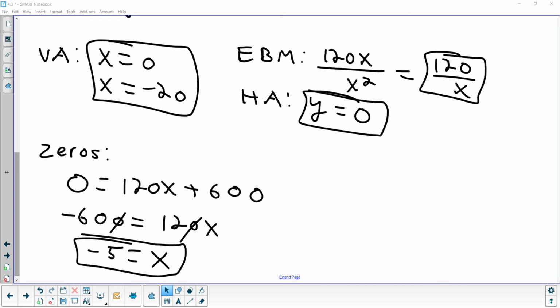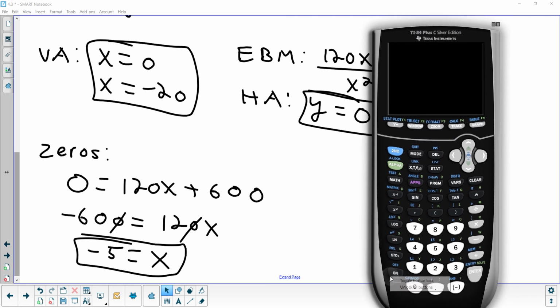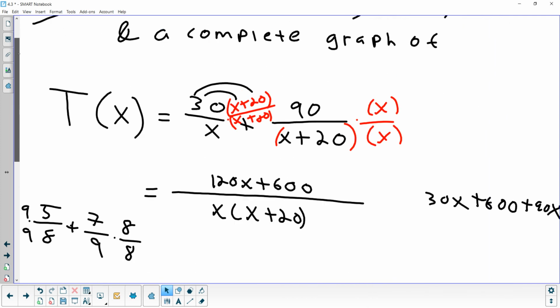So let's start out with a complete graph showing the whole thing, and then let's do a complete graph of just the values that make sense. Let's go all the way down to like -30. Let's type it in first.